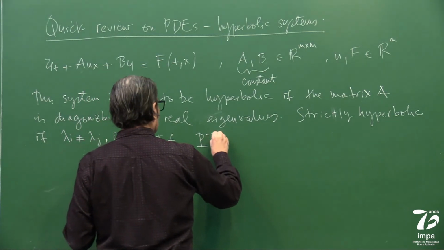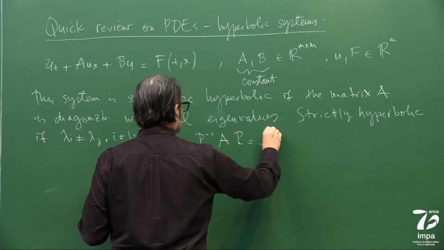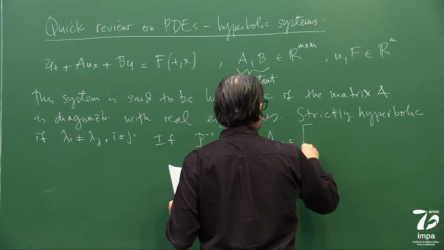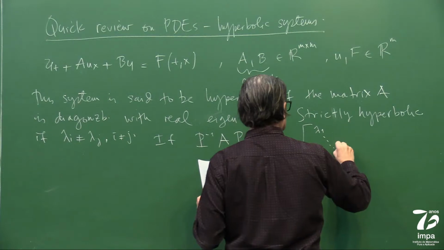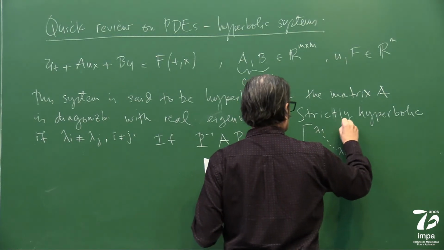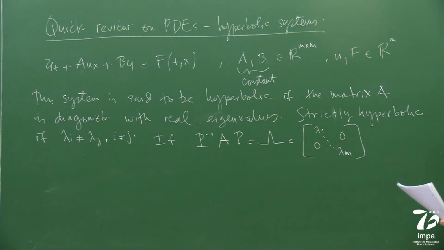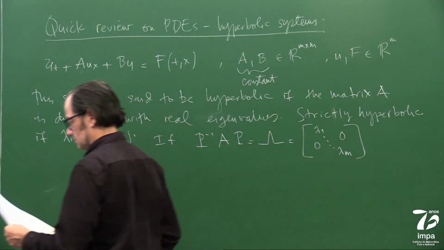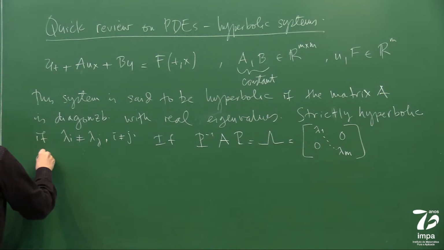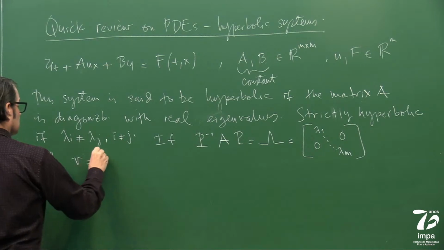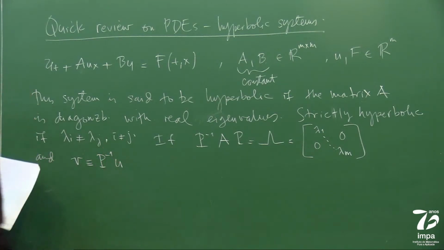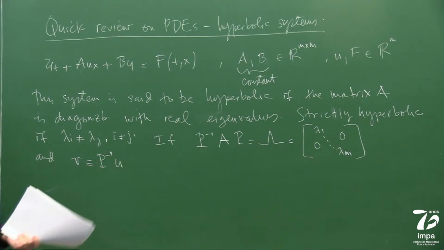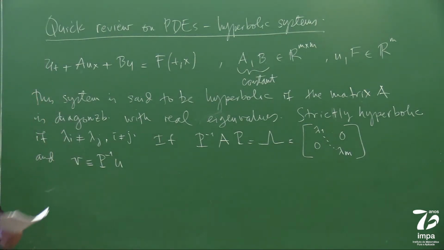So if P^{-1} A P is equal to Lambda, okay, like this, and I set V equal to P inverse U, where P is the modal matrix, that is the matrix with the eigenvectors, right?